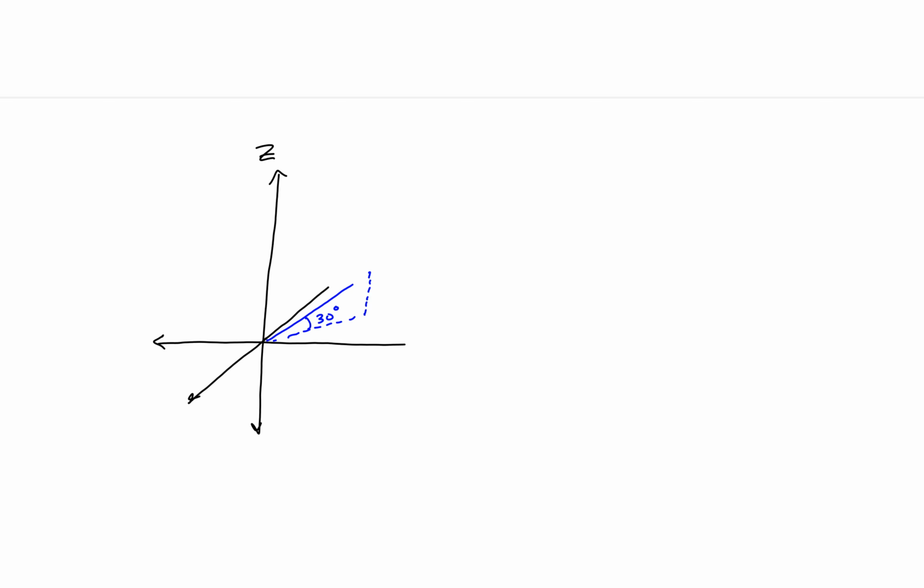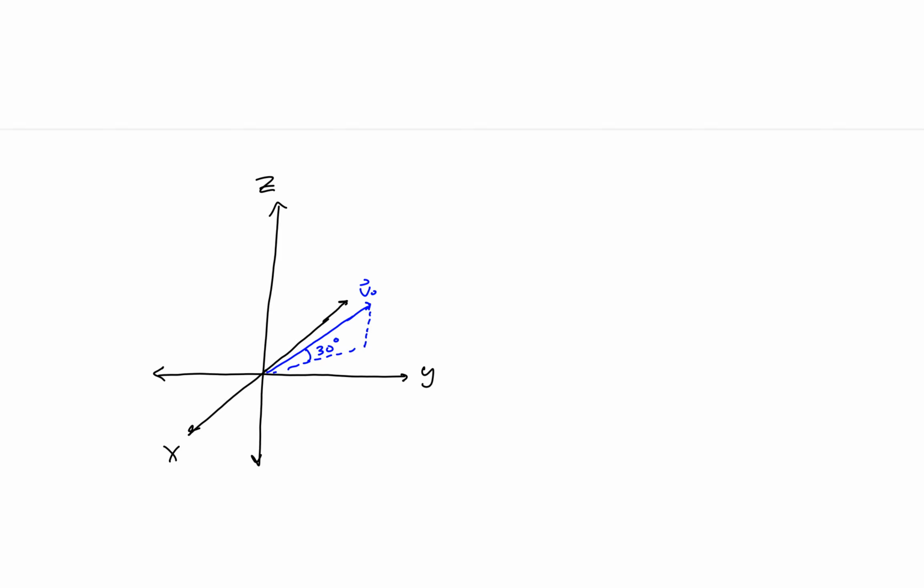So let's go ahead and change our axes here. So northwest means this should be my y and this should be my x, like this. And then we know that this angle here, since it's northwest, is 45 degrees.